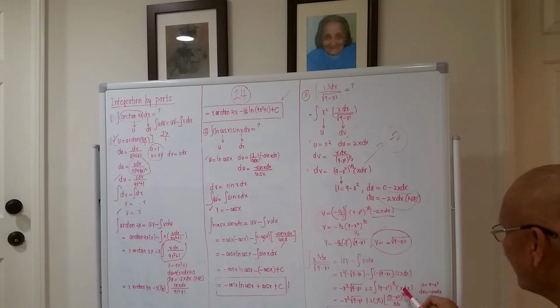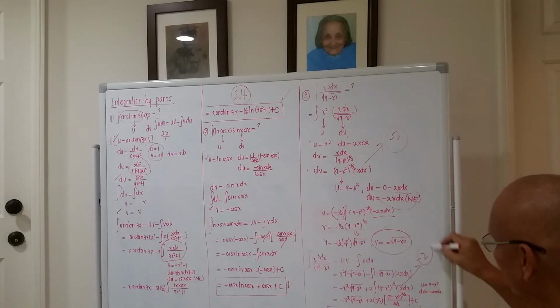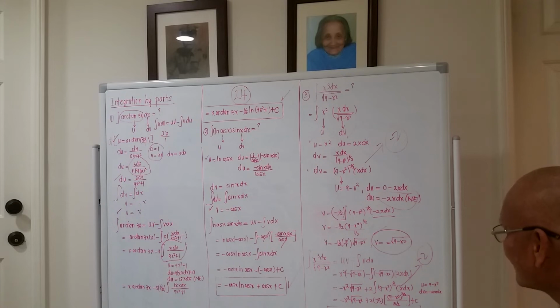The second part, it seems this is under the power formula, where the value of u is 9 minus x squared, du is minus 2x dx. We are only missing negative 2 over here. Okay? So to take the integral of this, we place a negative 1/2 outside, and this now falls under the power formula.